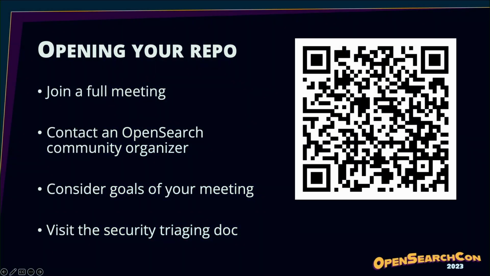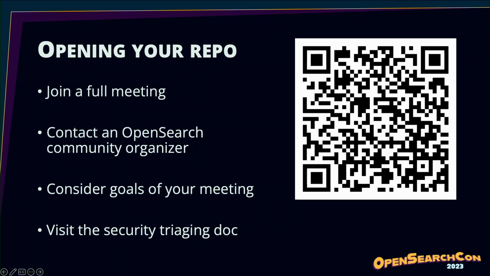Having discussed how we were able to reconcile some of the conflicting goals that security and open source can sometimes have, I want to leave you with a few tips that you can take to get started on your own open triaging meetings. First, you're always welcome to join a full meeting and see how the process goes in an hour.